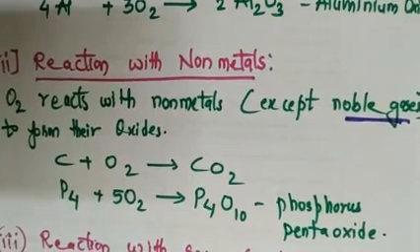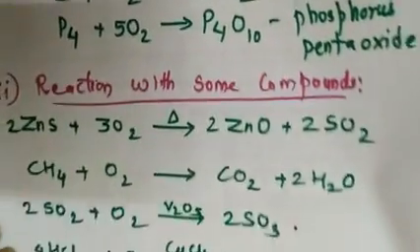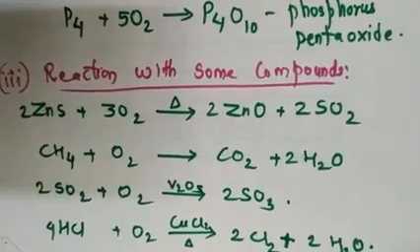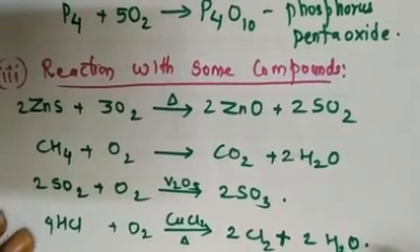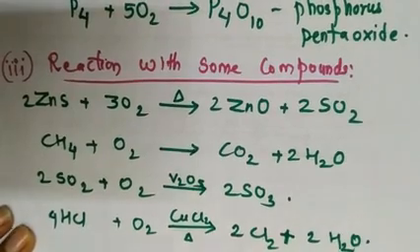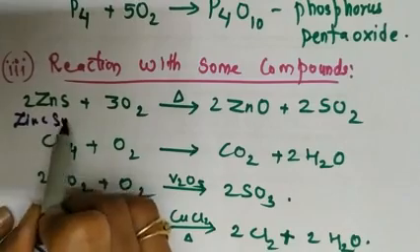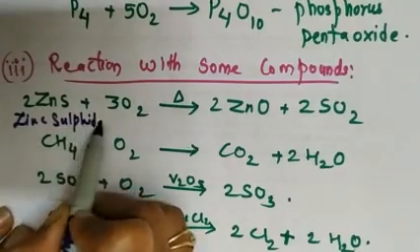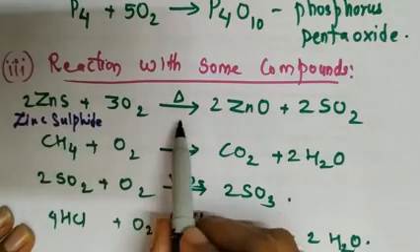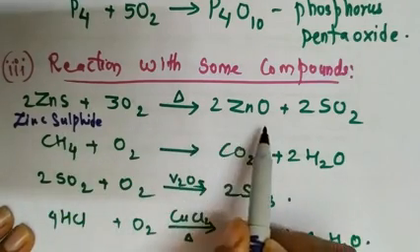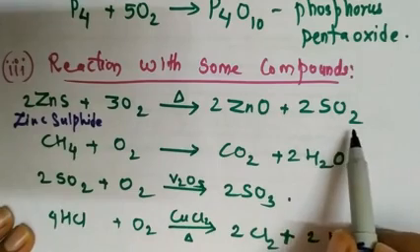So these were the two reactions with metals and non-metals, and now with some other compounds. See how it reacts. First is ZnS, zinc sulfide. With zinc sulfide, oxygen on heating forms zinc oxide plus sulfur dioxide.